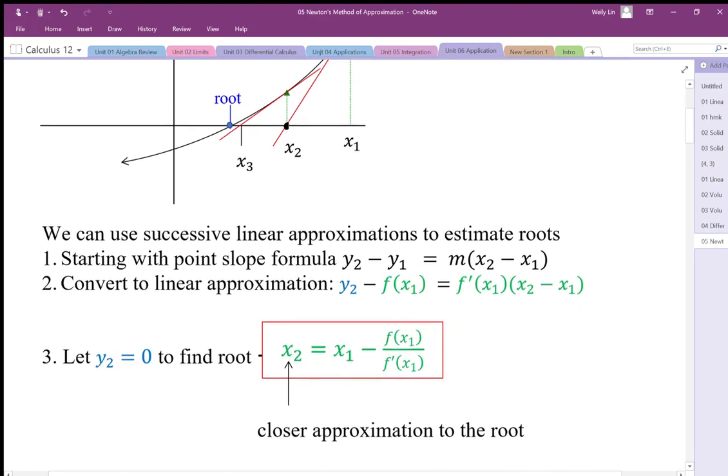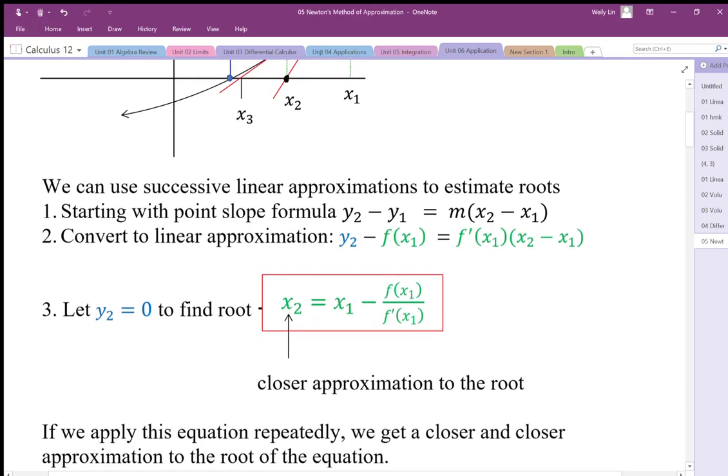Basically this represents a closer approximation to the root than the first approximation. So that's our first approximation. We calculate the y value for that first approximation and we divide by the slope at that point. Because of this rearrangement, that will calculate that next approximation, or x2.